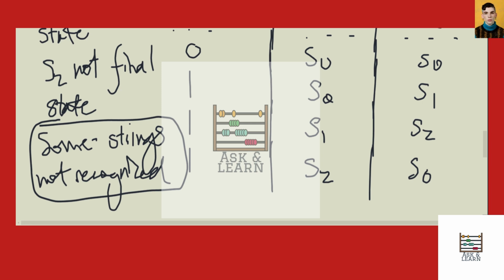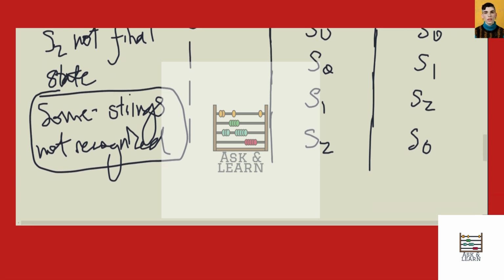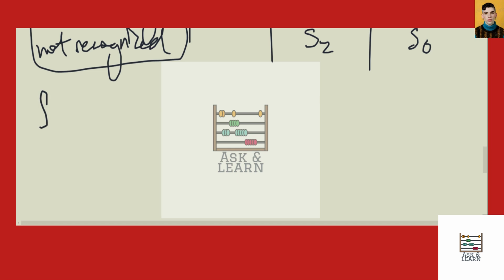And finally, in part F, we are given the concatenation of the set containing 1 and the Kleene closure of the set containing 0 and 1. So we know that the Kleene closure of the set containing 0 and 1 contains any sequence of zeros or ones, or the empty string.